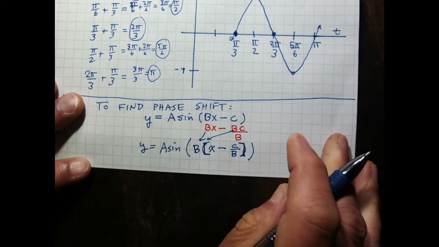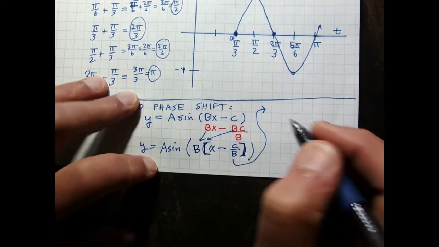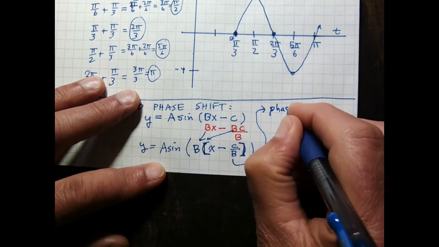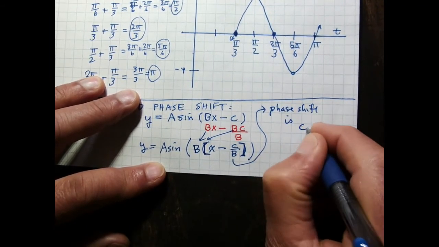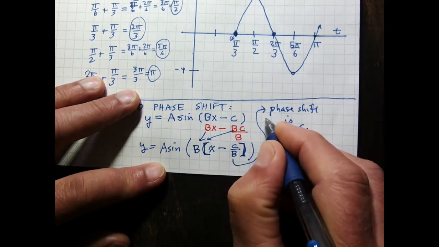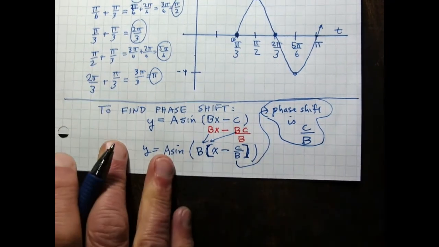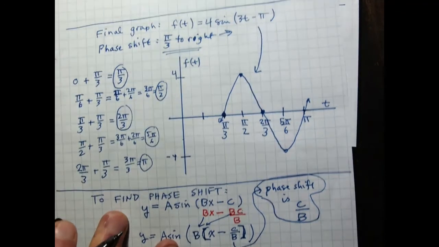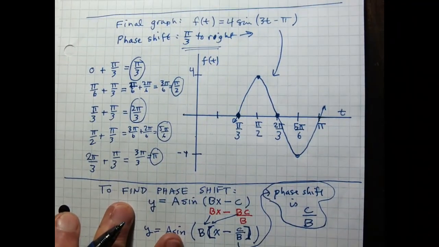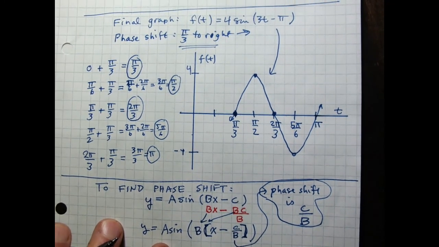And this double layer of parentheses shows me what the horizontal shift is with the phase shift. The phase shift is c over b. So just like we have a formula for the period, we now have a formula for the phase shift that we're going to be able to use in future problems. So there's our final graph of the function we wanted, along with our formula for phase shift that we're going to be able to use from now on.